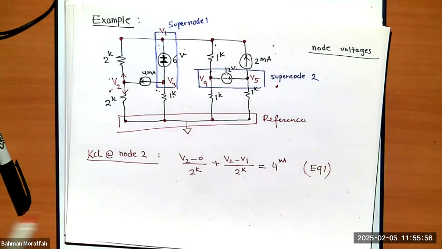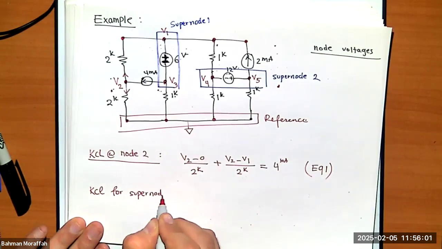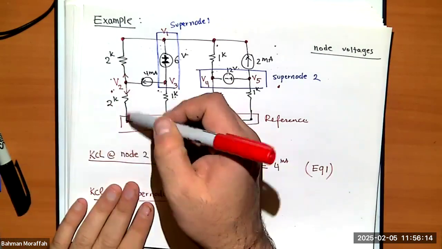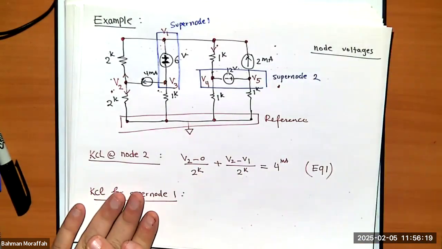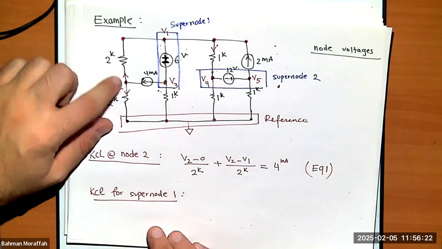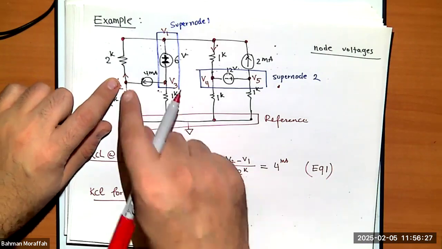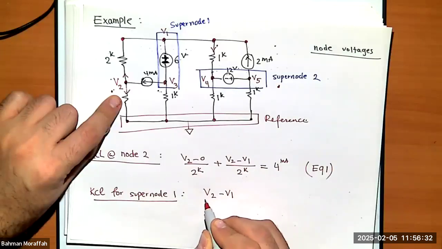Let's just write a KCL for supernode 1. Again, KCL holds. What that means is that whatever current is going in should be the exact same as the current going out. Well, I already know the current through these two. I don't know this one here. I'm going to assume it's going out. Let's just look at the going ins. What is the current going into the supernode? That's V2 minus V1 divided by 2K.